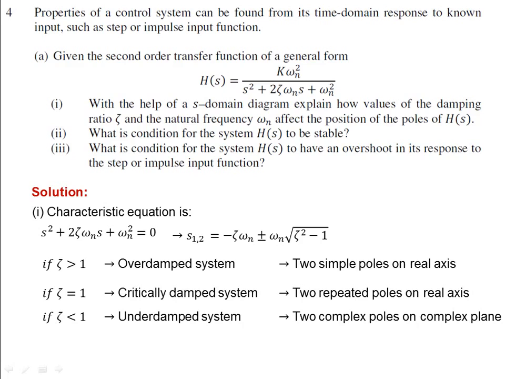So for such a system, we have two complex poles on the complex plane. And if the damping ratio is 0, this part will be 0, and we have just the imaginary part. Such a system is called an undamped system, and for such a system we have two poles on the imaginary axis.